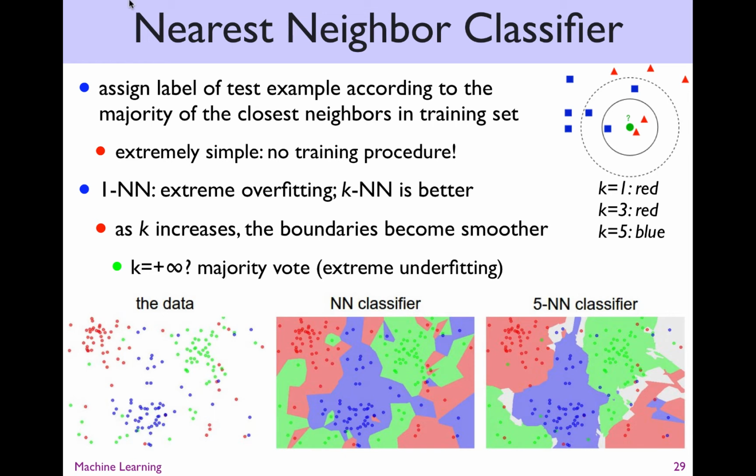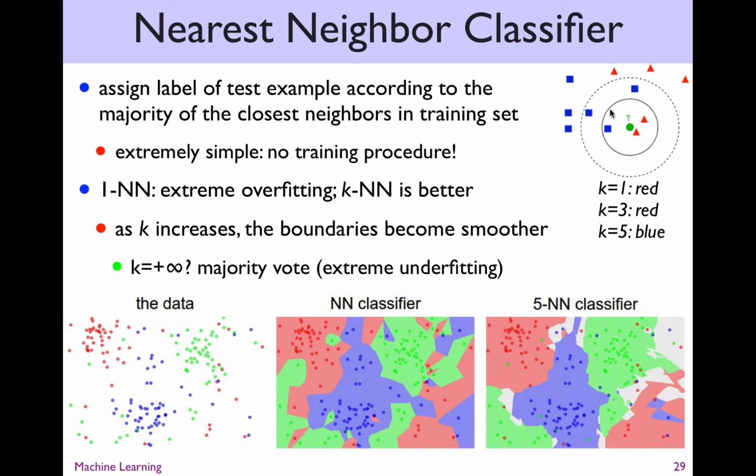For example, if you give me this test example, and the closest training example is this one, the test example should be labeled red for k equals 1. So 1 nearest neighbor, that is the nearest neighbor. But we often use k larger than 1.